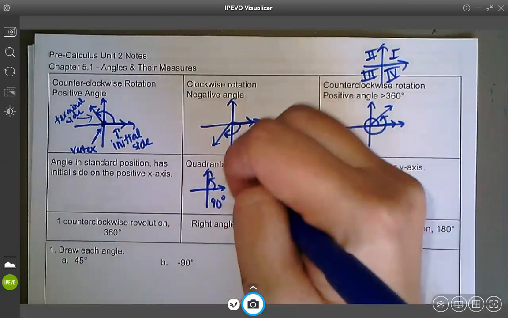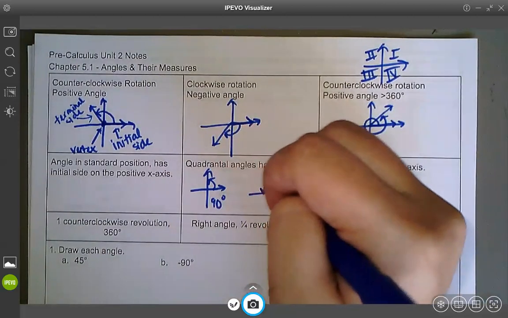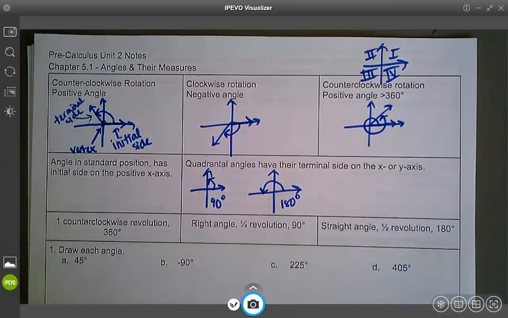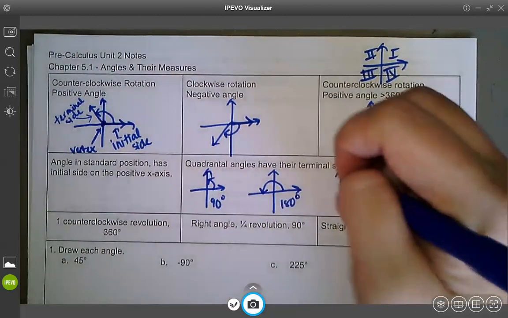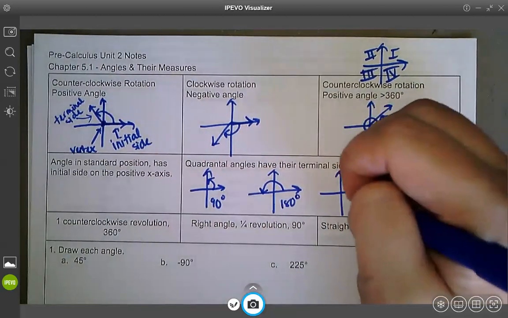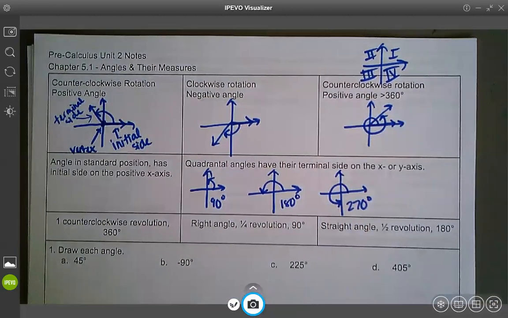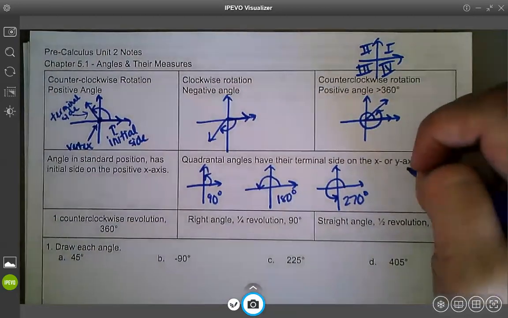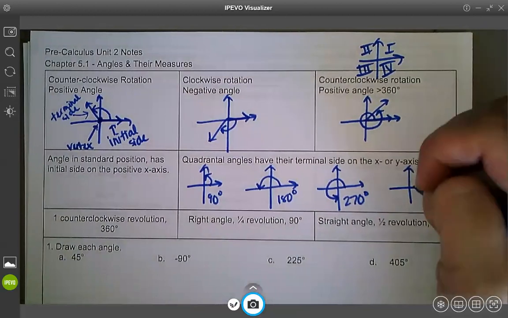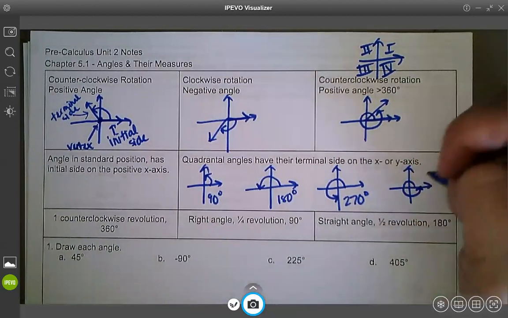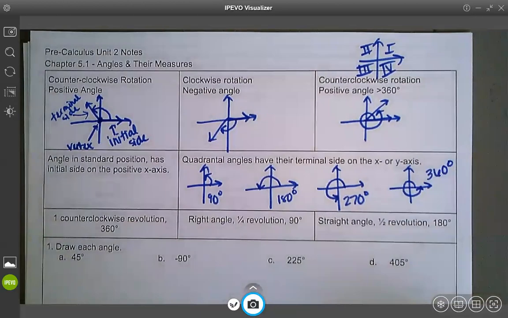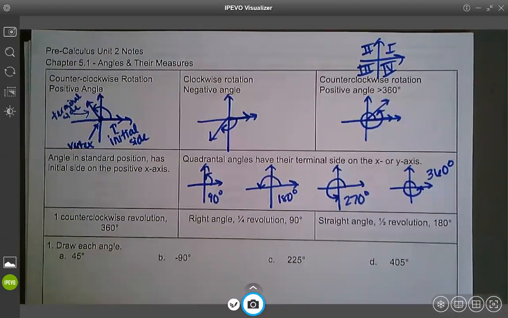The second one would be a 180-degree angle. The third one would be a 270-degree angle. And then the fourth one would be a 360-degree angle. And we'll talk about those values on your unit circle in a minute.